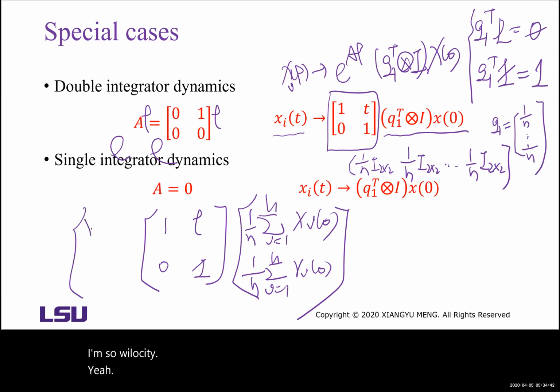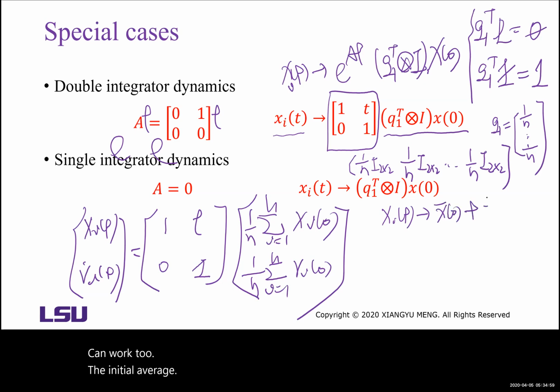This side will be xi(t), vi(t). Then we know xi(t) converges to the initial average position plus t times the initial average velocity.